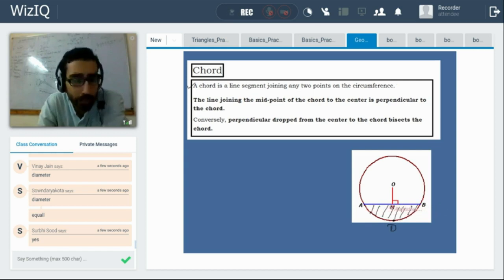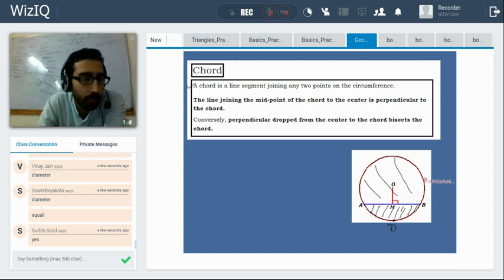This is the minor segment for chord AB, and the remaining portion is a major segment for chord AB. You will probably not see the term segment a lot, but if you do, you should know.